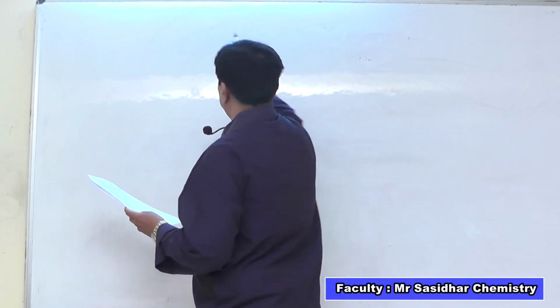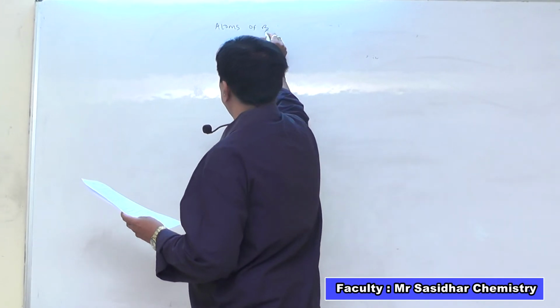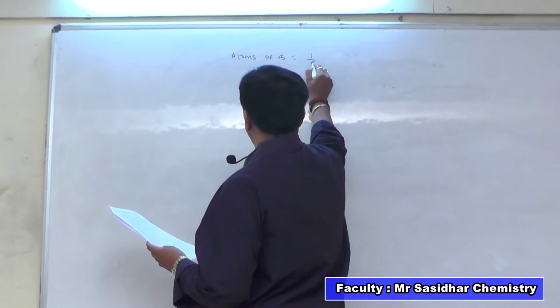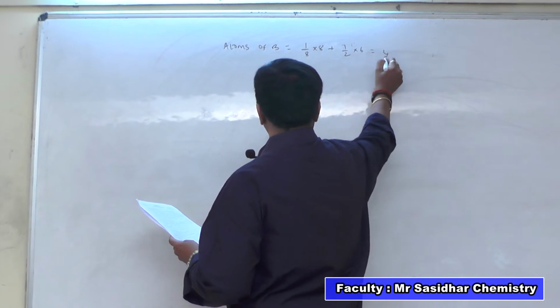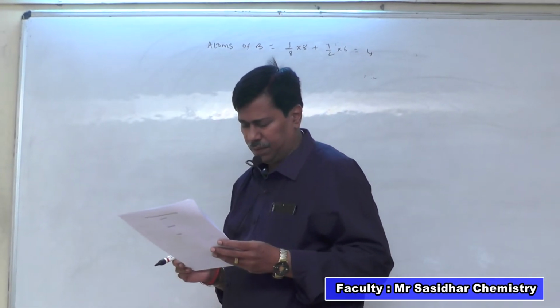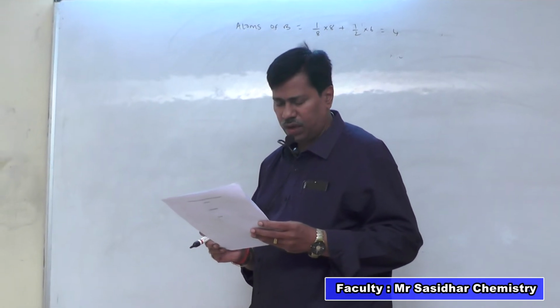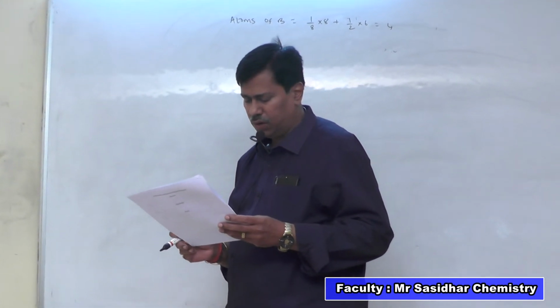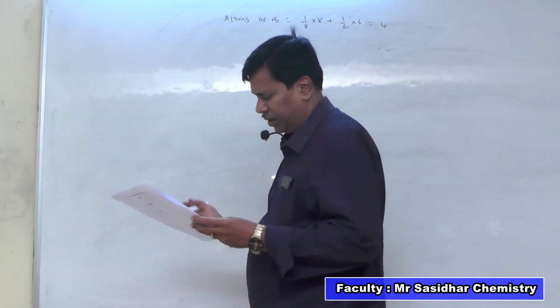So first let us take atoms of B. So that will be 1 by 8 into 8 plus 1 by 2 into 6. There will be 4. Okay. Then cation A is equally distributed between octa and tetravoids.